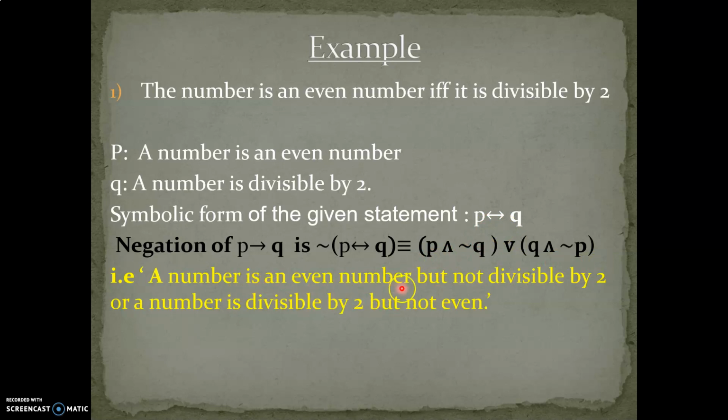So, a number is an even number, we have given the value of P here. And, or but you can apply, not divisible by 2, the negation of the second statement we have written, or a number is divisible by 2 and, or but you can apply, not even, that is written over here.